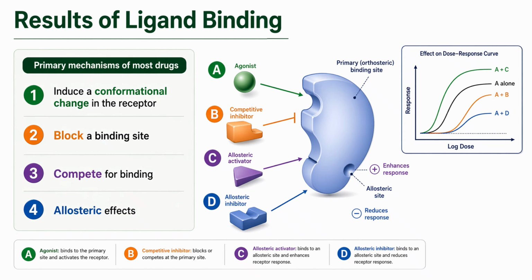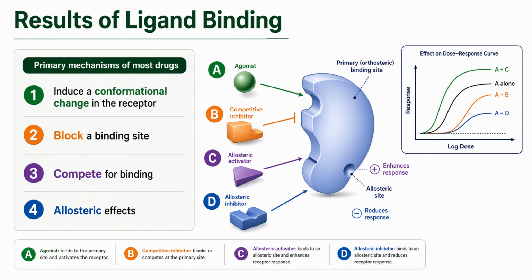And in the figure that's inset, you can see we're looking at the log dose, in other words, how much, and then what the response might be. If we have A, which is the agonist alone, we get that kind of moderate effect. If we take A plus an allosteric activator, so that's A plus C, the effect is enhanced.